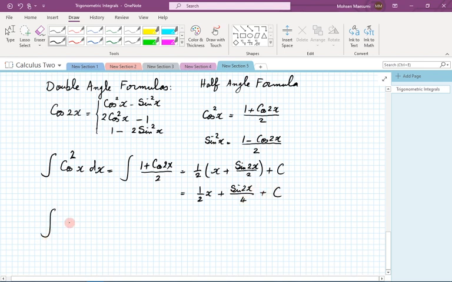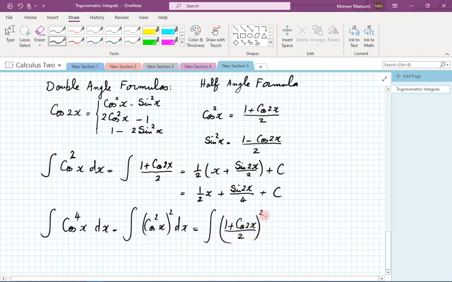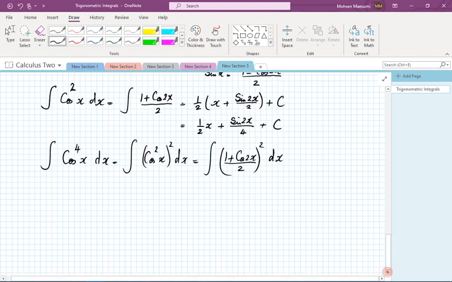What if I had higher powers but still even? Well, I have to work a bit harder, because now I write this as cosine squared of x, squared. Cosine squared, just like here, I will replace by 1 plus cosine of 2x over 2, squared. Now I open this up. We are not doing any integral, we are just doing trig replacements and then the algebra.